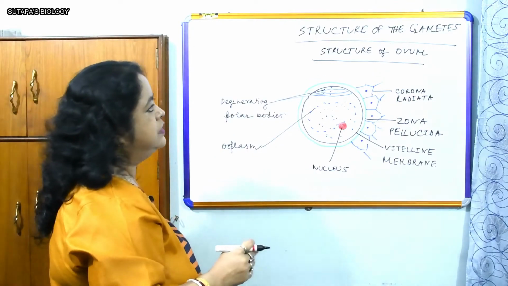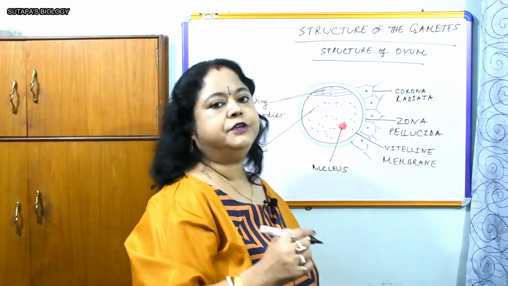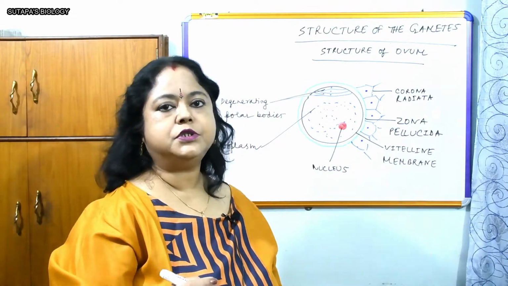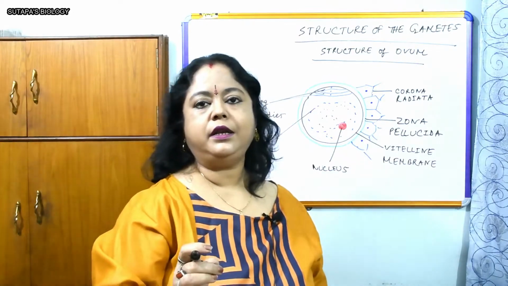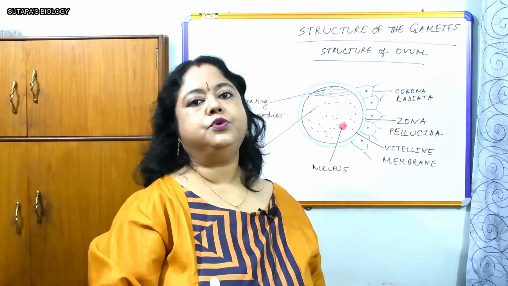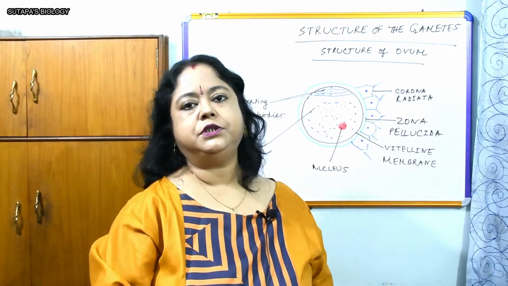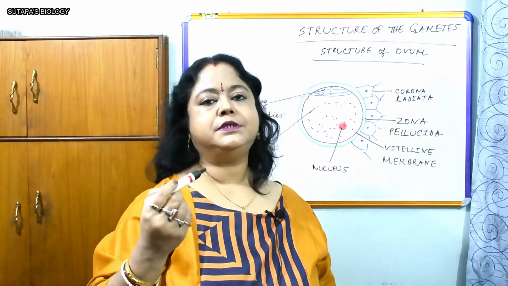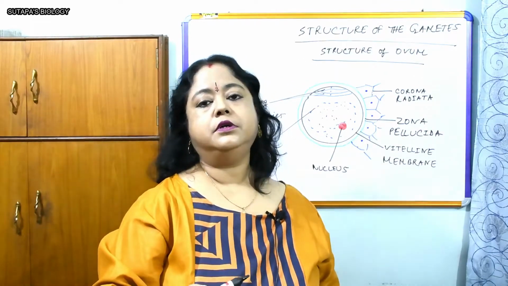So this is about the structure of the ovum, and it's a very simple structure in comparison to the sperm, and it is non-motile. So in fertilization it has no such role, but after fertilization, from the formation of the zygote, it has a lot of functions.